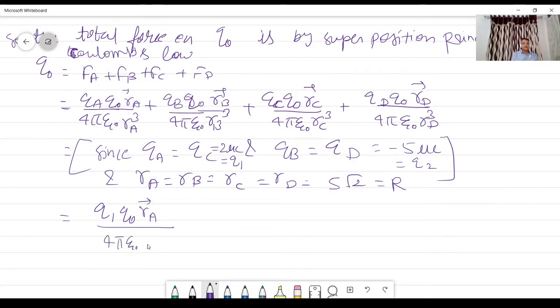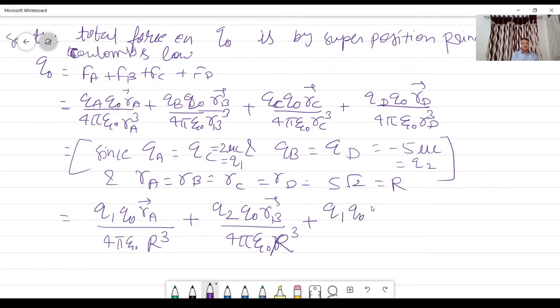So 4 pi epsilon naught R cube, and then the second term I can write Q2 Q naught RB vector upon 4 pi epsilon naught R cube plus, sorry, it will be Q1 Q naught vector RC upon 4 pi epsilon naught R cube plus Q2 Q naught RD upon 4 pi epsilon naught R cube.